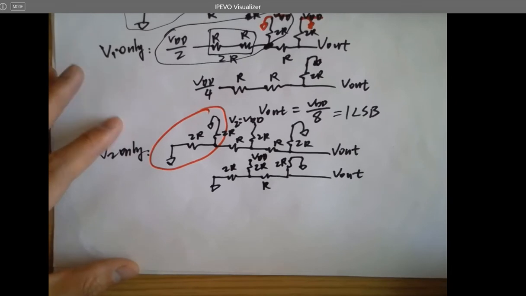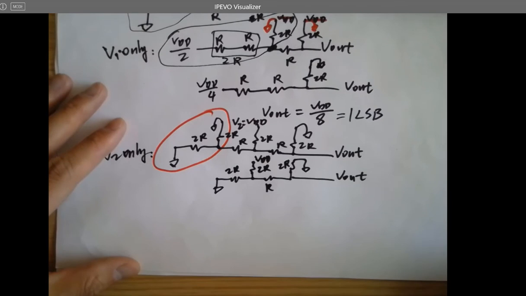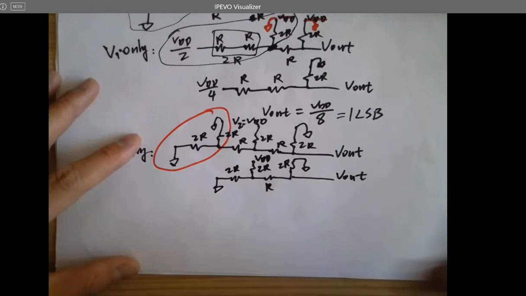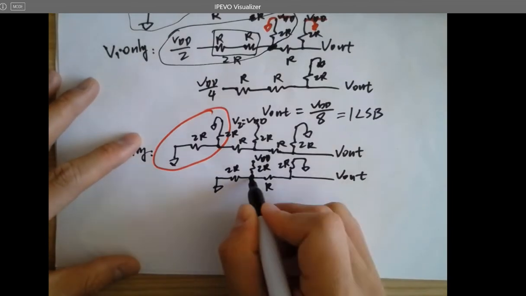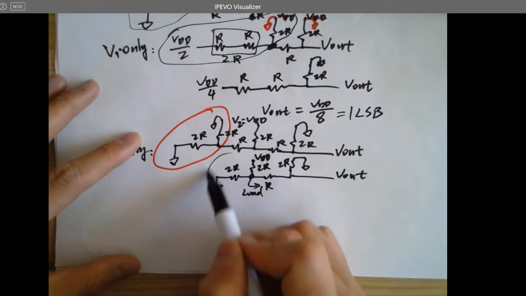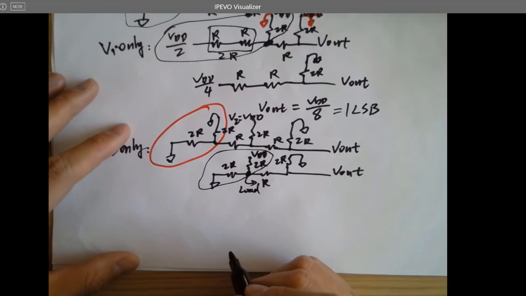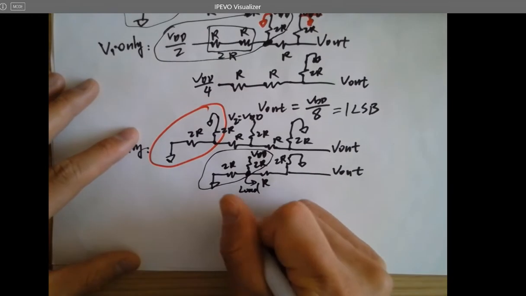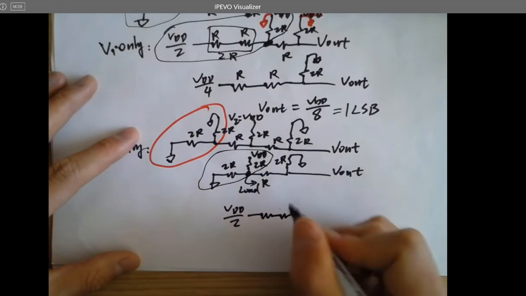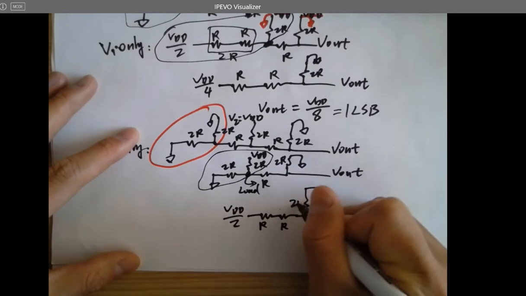Then what's going to happen? What's next? Thevenin's, right? Because you have a source here, treat whatever is behind it as a load. And just convert this part to its Thevenin equivalent, which is VDD over 2 with the R. And this R is this R here. 2R.